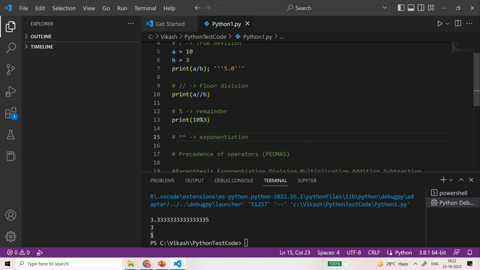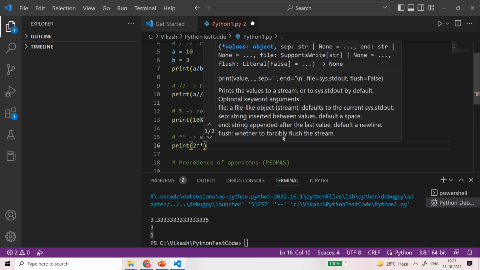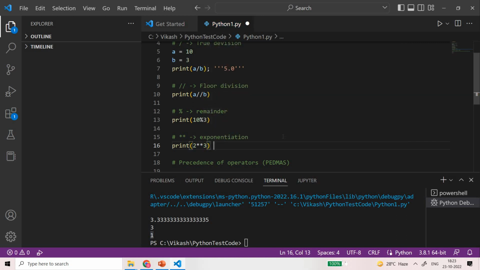The other operator is here. You might have seen the single asterisk operator, which was used for multiplication of two numbers. But the exponentiation operator, which is the double asterisk operator, raises some number to some power. Suppose I want to raise 2 to the power of 3, I will write 2 double asterisk 3. It means 2 raised to the power of 3.